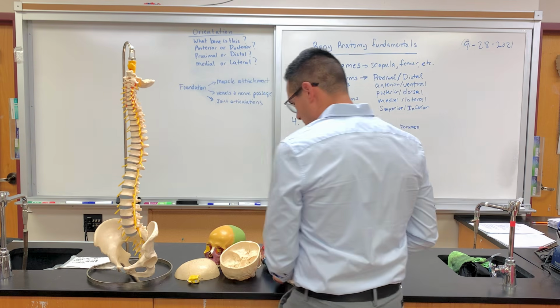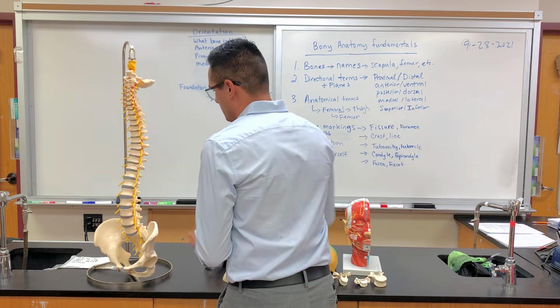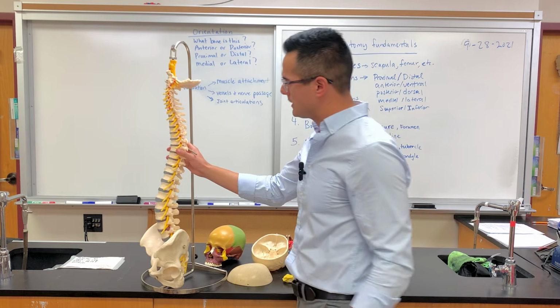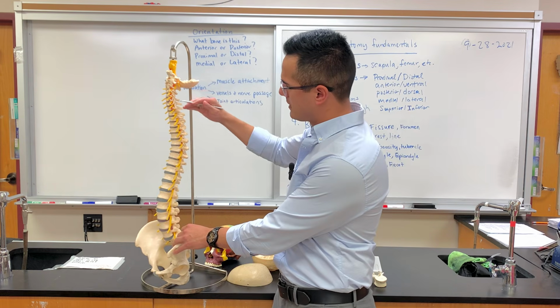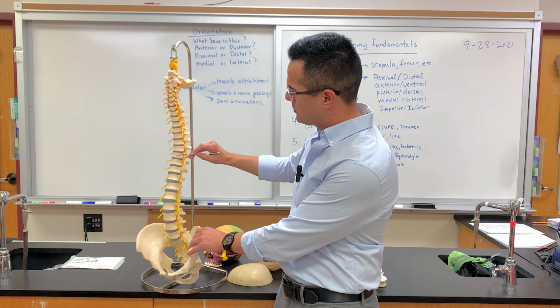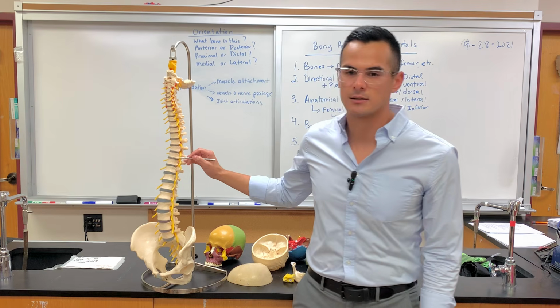And so now let me move this over a little bit. If we look at it overall, we can see how the vertebrae stack on top of each other. What's in between each of them is the intervertebral disc.